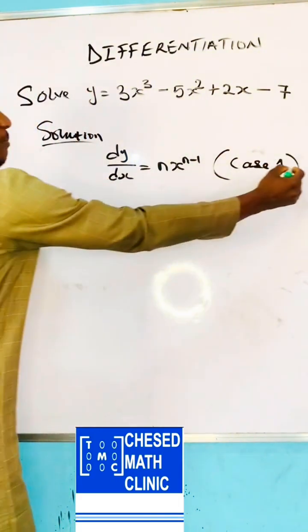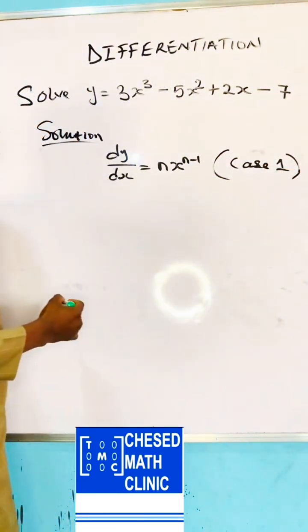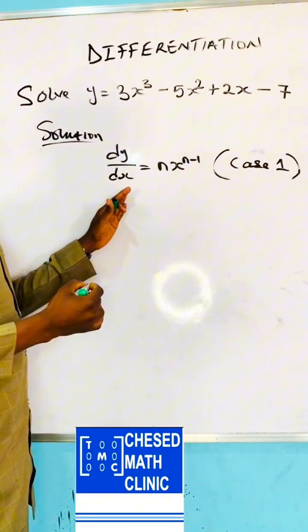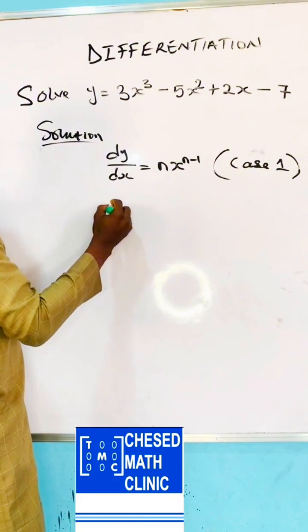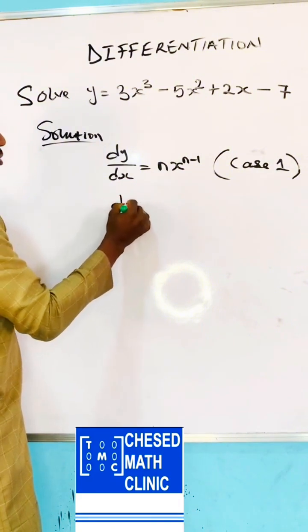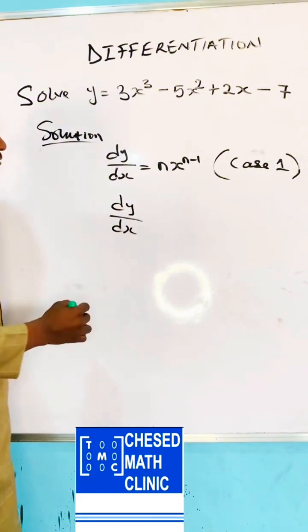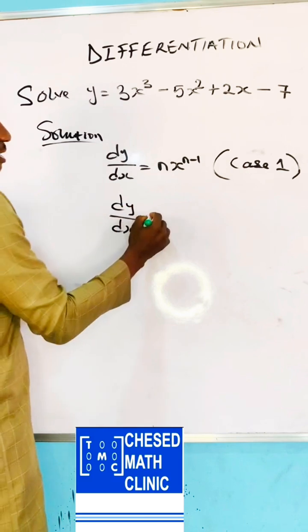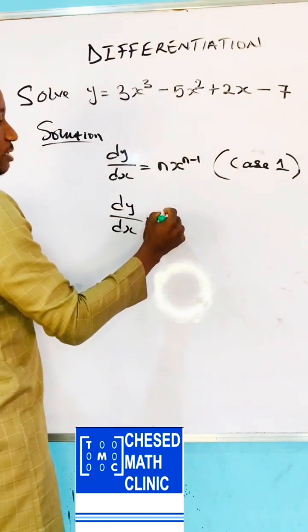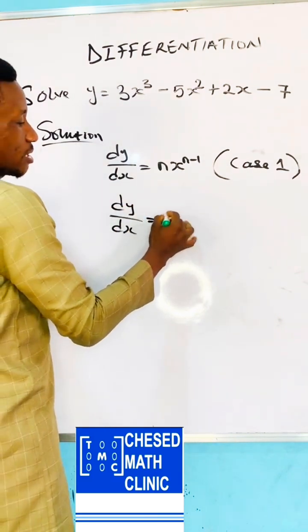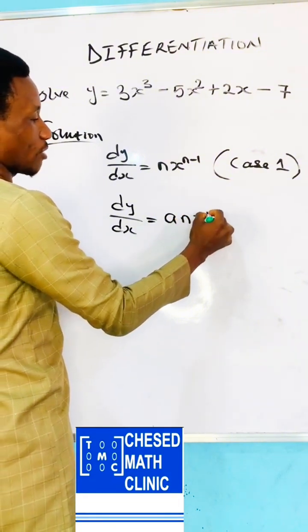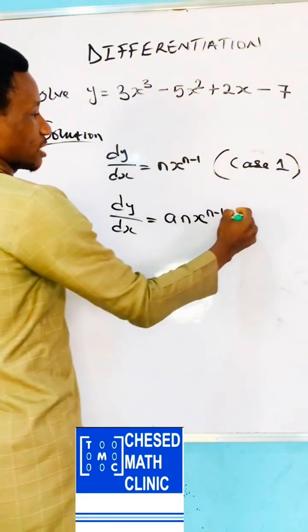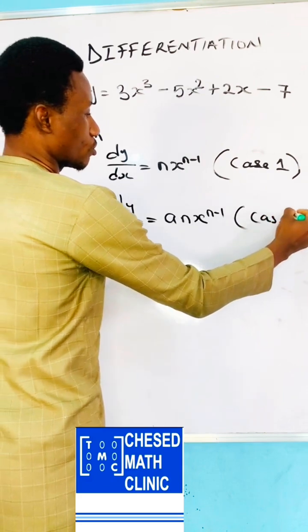Now, we can also apply the knowledge of differentiation in a different form. When we want to differentiate the first derivative, we use dy over dx, as we differentiate the function with respect to x, and we apply anx to the power of n minus 1. This can be called case 2.